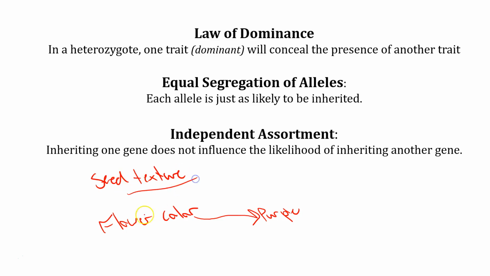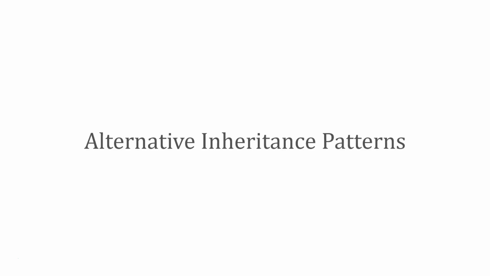These two traits are inherited separately. There's a 50-50 shot of getting either allele for flower color, and that does not affect the probability of getting the alleles for seed texture. Traits don't influence or change the likelihood of this equal segregation. All right, so those are his laws.